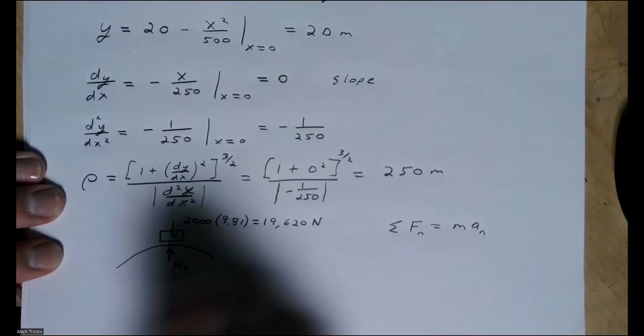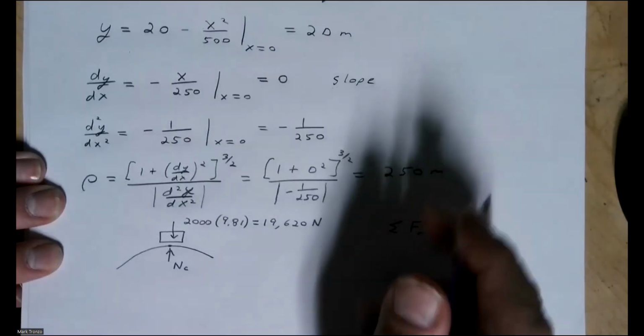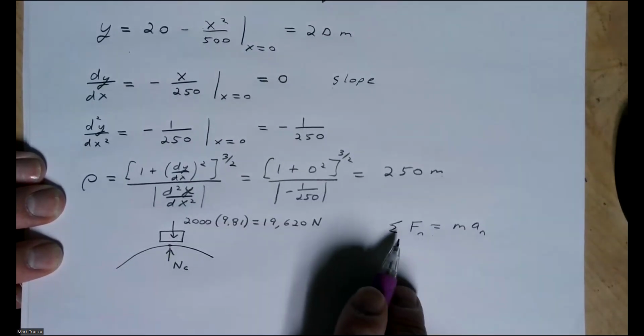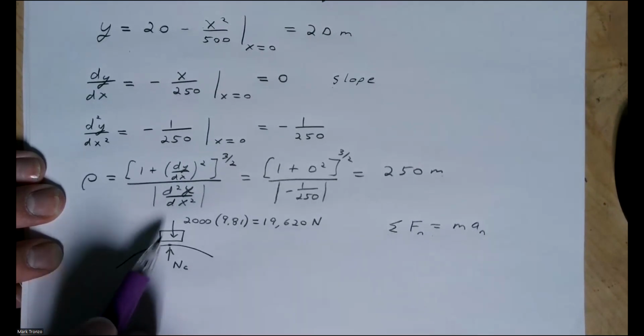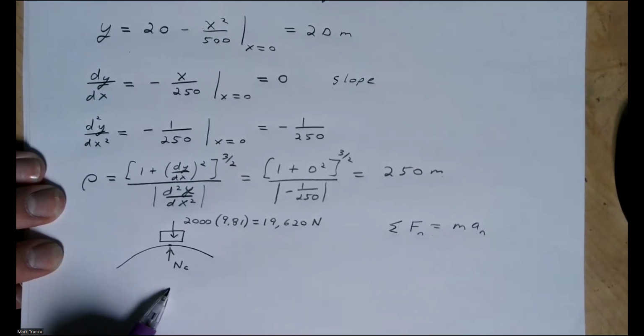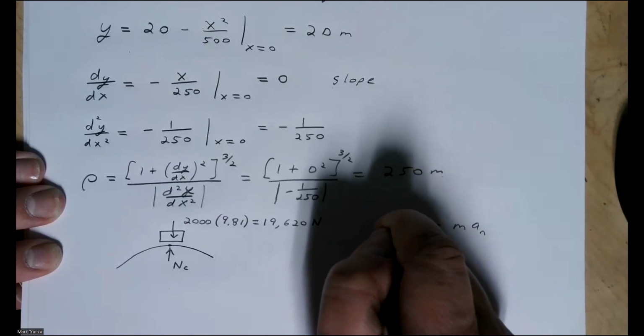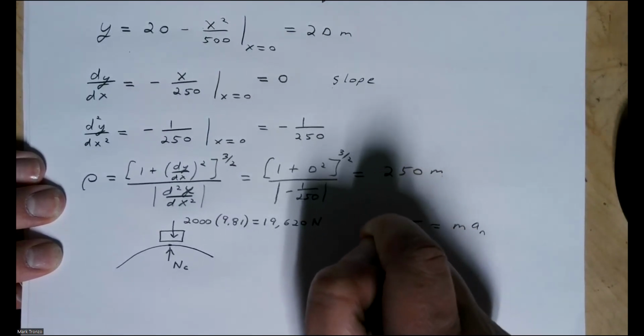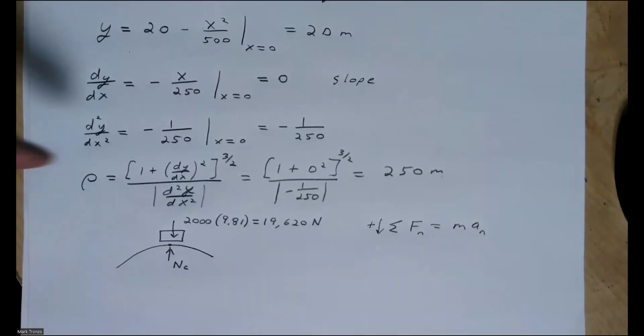If we sum them in the normal direction, remember, usually any force that's towards the center of rotation, we call that positive. And so we'll call towards the center of rotation here positive.